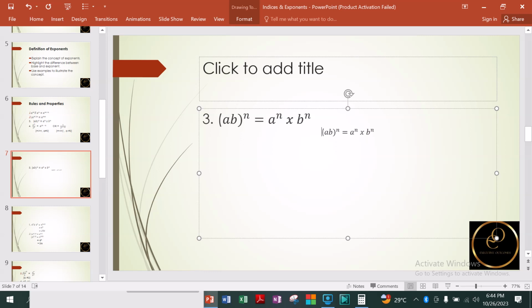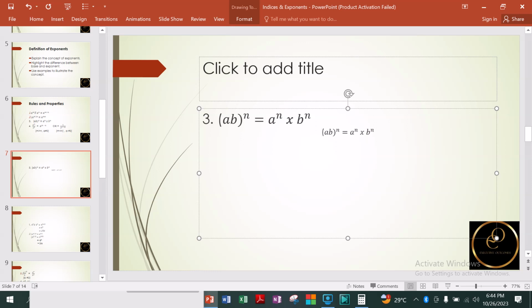So we have bases, which is a product, a times b, raised to power n. So it's the same as writing separately: you distribute the power. You have a to the power n times b to the power n. That's what it says.